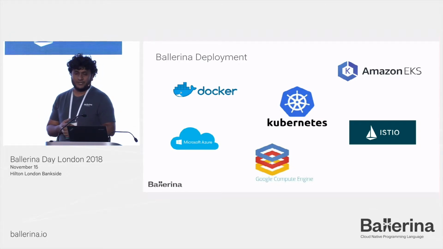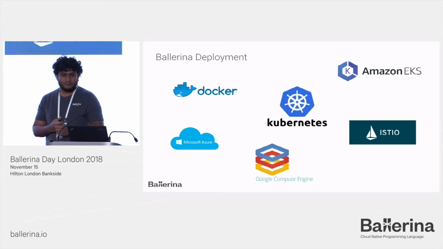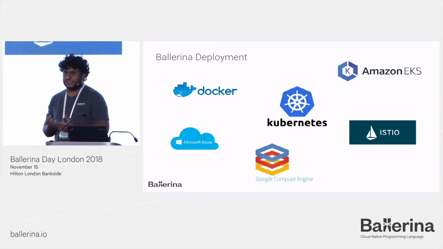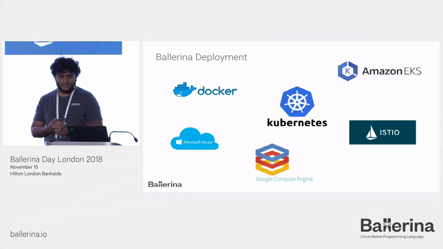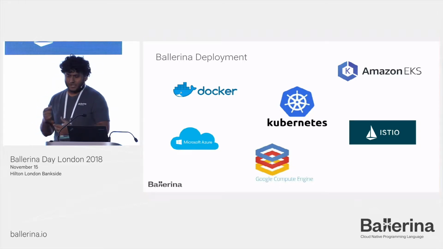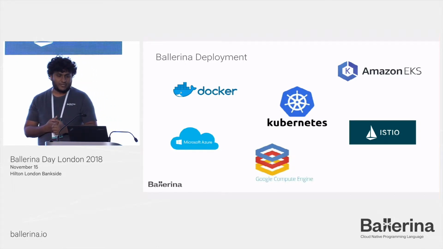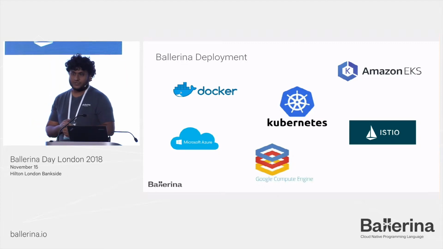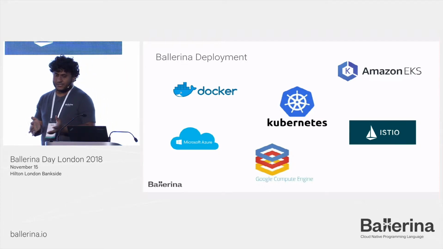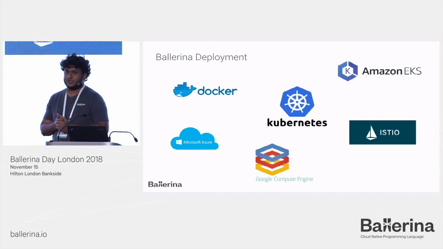When you have to deploy in a containerized architecture, you need to have this support. With this, we also have support for cloud providers like Amazon EKS, Azure, Google Compute Engine, and so on. So those are also supported with these supporting technologies.